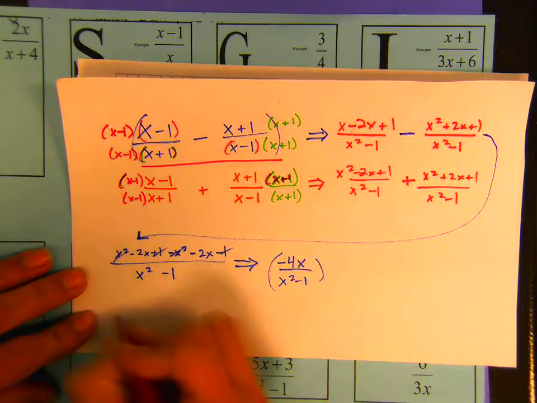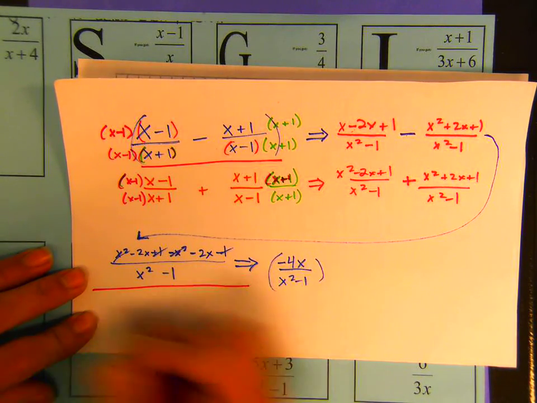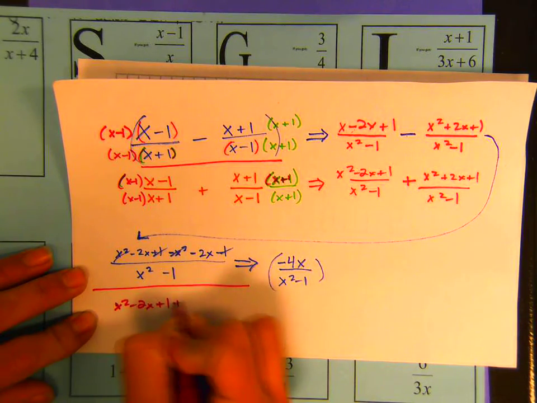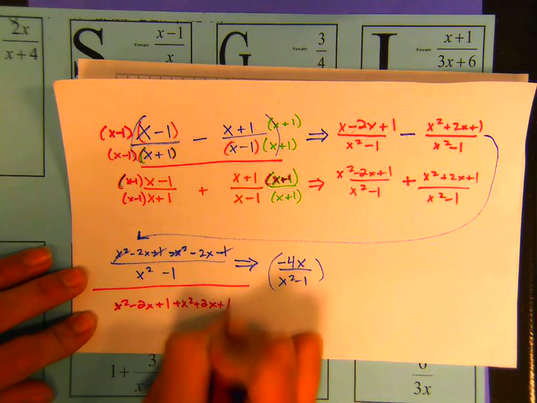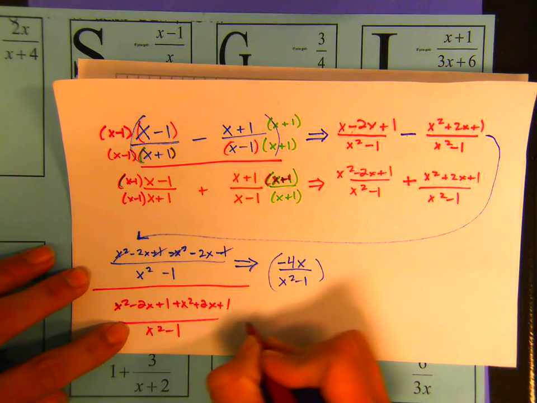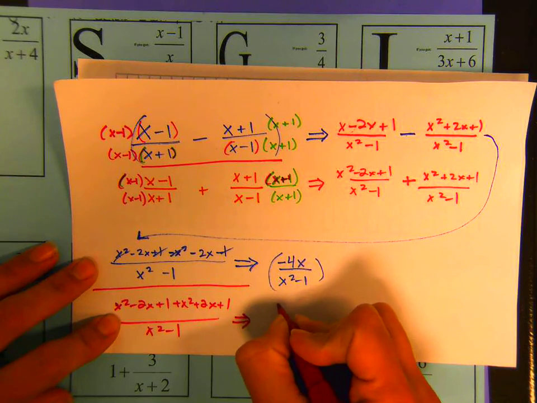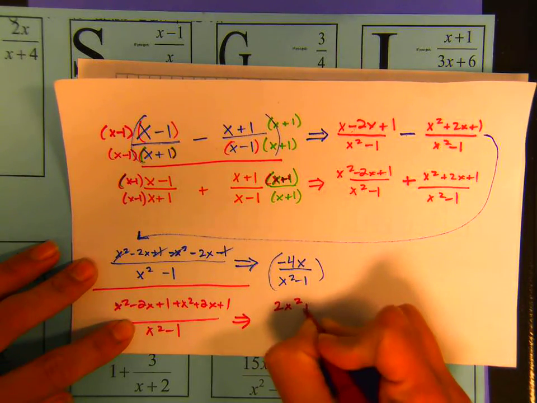Let's add those numerators together. X squared minus 2x plus 1 plus x squared plus 2x plus 1 all over x squared minus 1 simplifies to 2x squared plus 2.